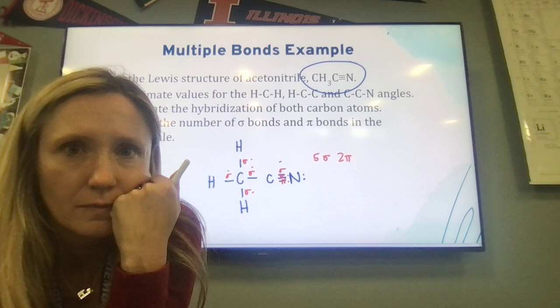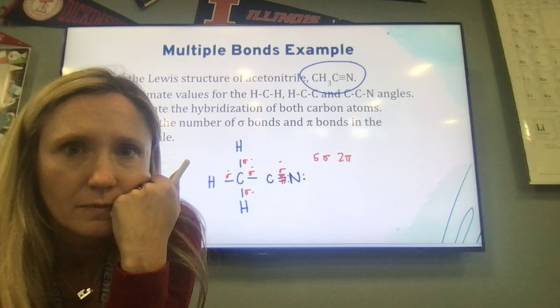If it has 4 domains, it needs the 4 letters, so it's the sp3 version. This one only has 2 domains, so it gets the 2 letters, it's sp. And then the last one has 4 domains, so it'll be sp3. So again, it's a memorization thing, trying to make it not just flat out memorizing. If you can count your domains, you can count your letters.